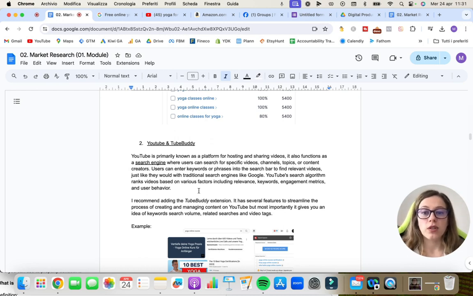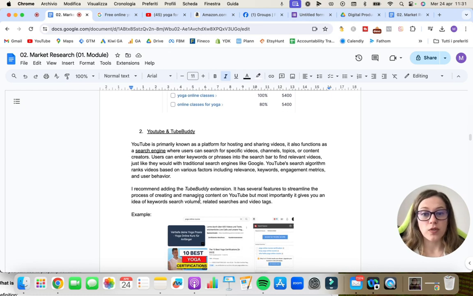The users can enter keywords or phrases into the search bar to find relevant videos, just like they would with a traditional search engine like Google, for example.